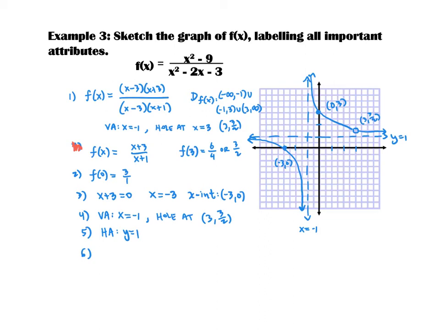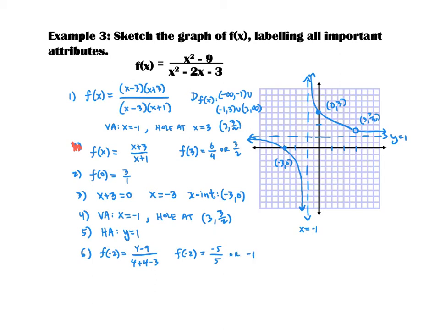So I've already got a bunch of points. I'm going to just find f of -2. And that would be 4 minus 9 over 4 plus 4 minus 3. So f of -2 will equal -5 over 5, so -1.